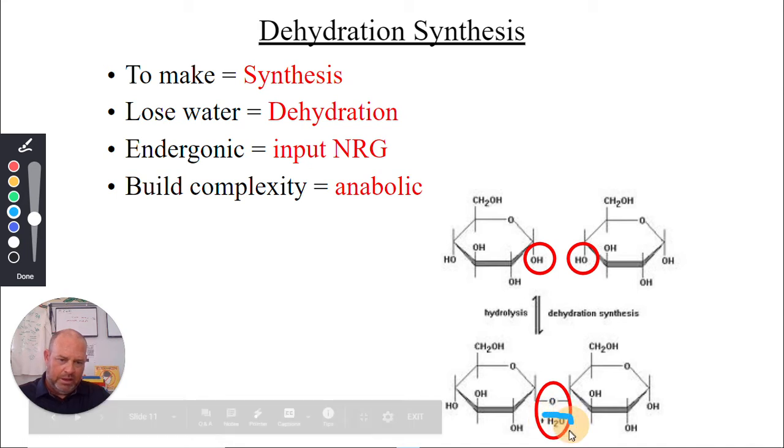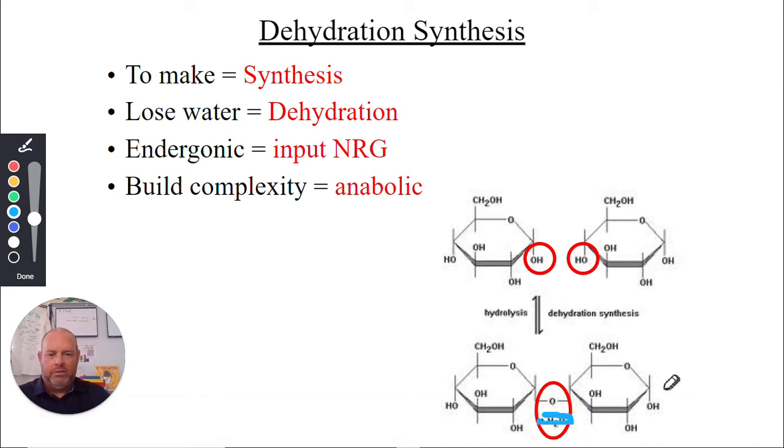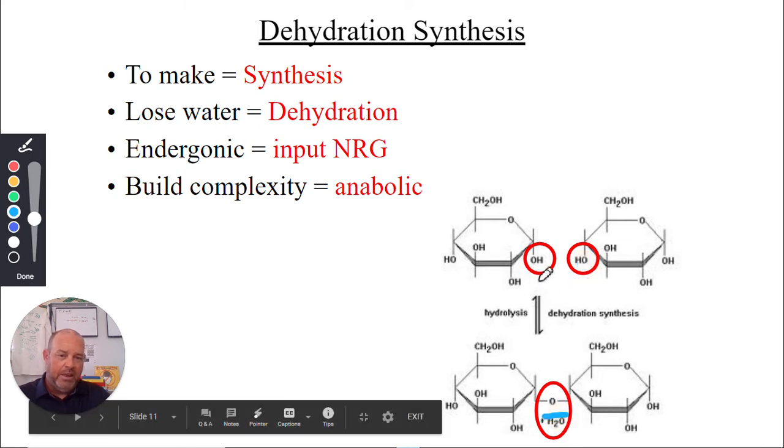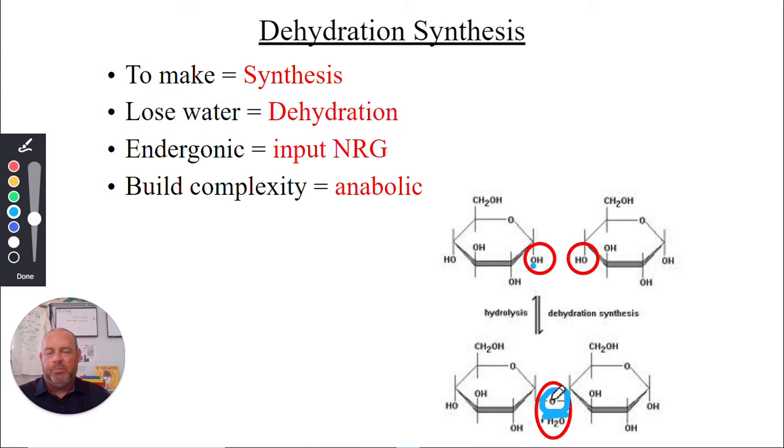So here's the oxygen left in the middle, and then it forms bonds between them, okay? So in this case, you're going from two monomers to one polymer by dehydrating. You're pulling water out. You're going to have a free water now, and then you're joining them through that oxygen, okay? So we're building a bigger molecule, and also we're storing energy, right? Because now there's a bond between the two, and the bond's going to store energy, which is why it's endergonic, okay? There's an input of energy.